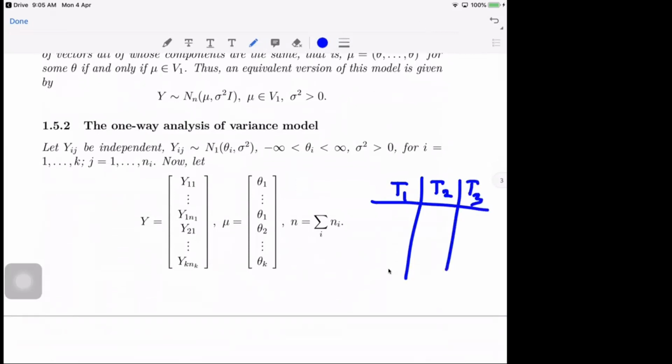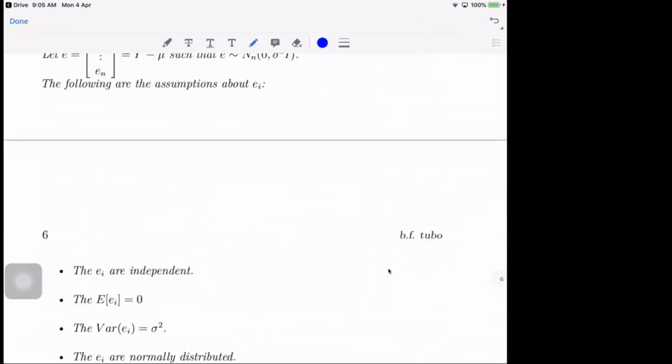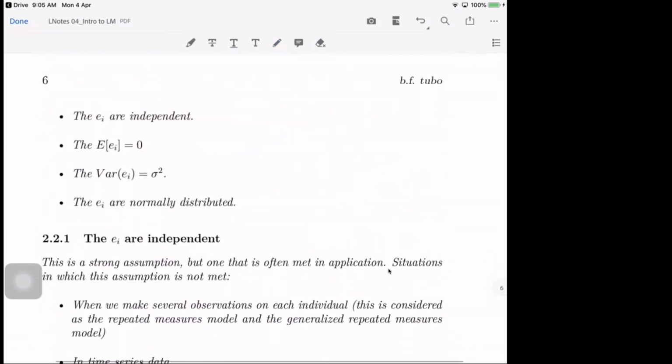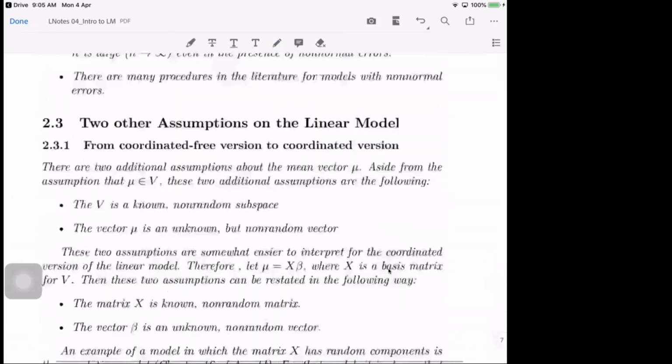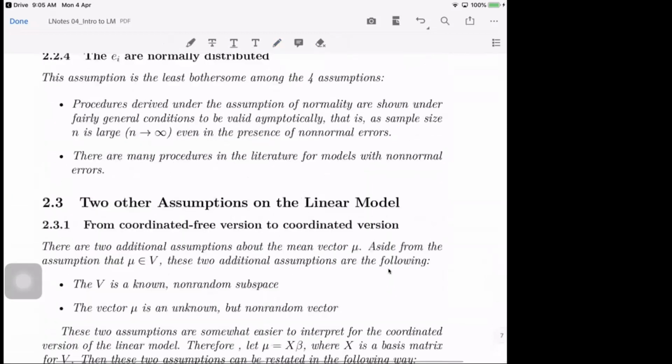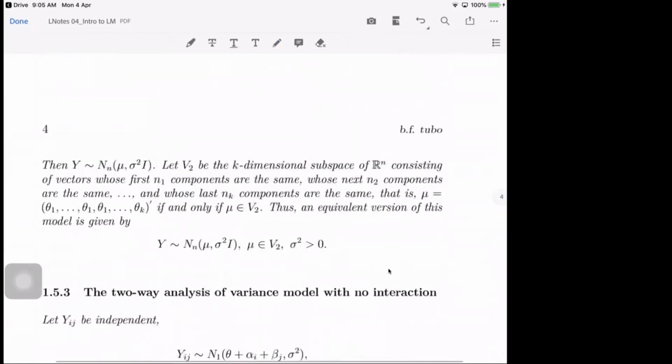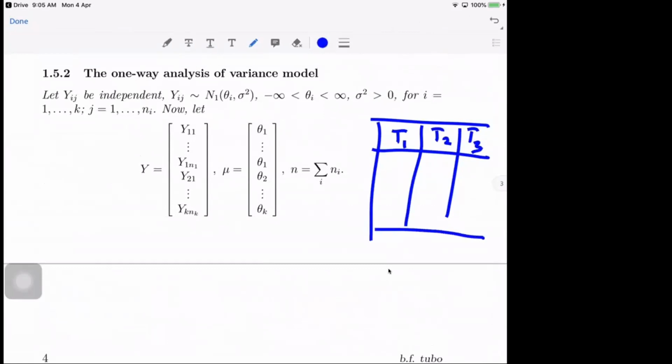So usually the data layout for one-way analysis of variance is something like this, wherein you have observations here for balance. Meaning, all of them have equal n_i's.